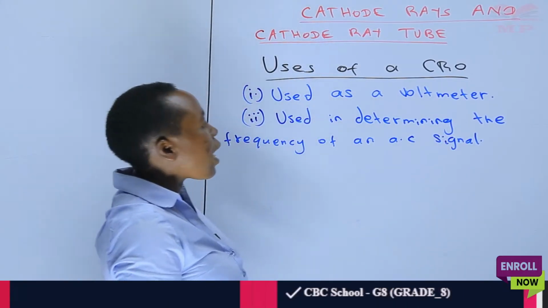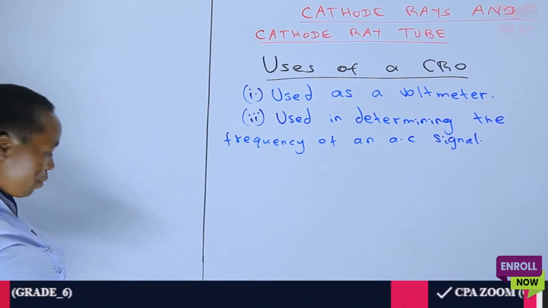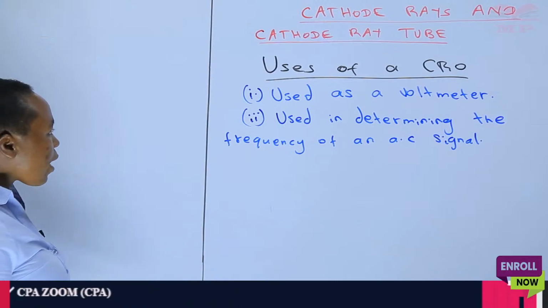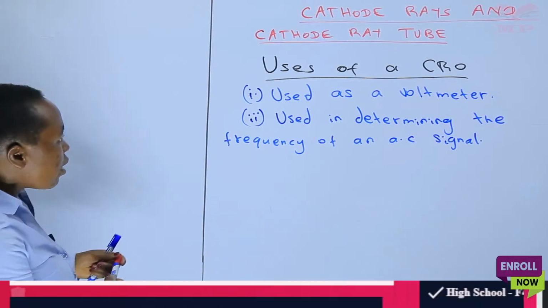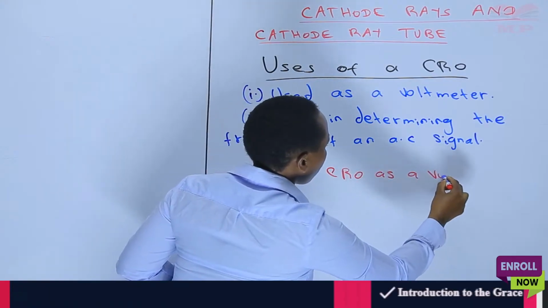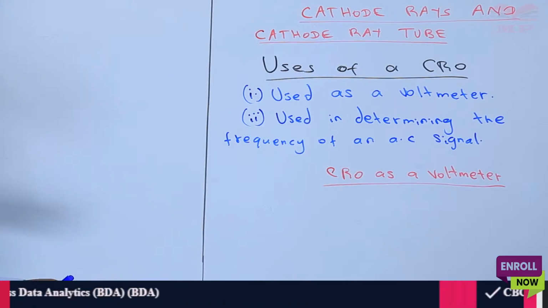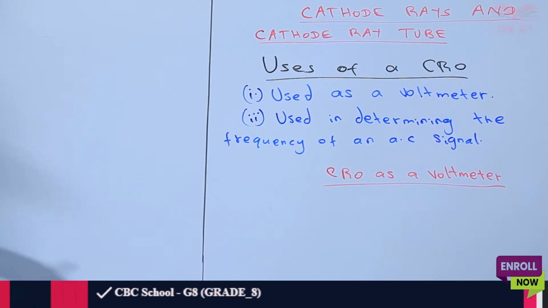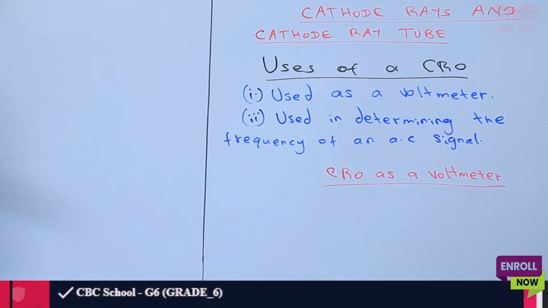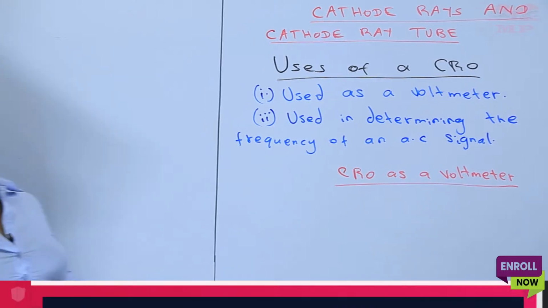We have seen that a cathode ray oscilloscope can be used as a voltmeter. And we are going to see that the cathode ray oscilloscope has many advantages over the ordinary voltmeters that we have.